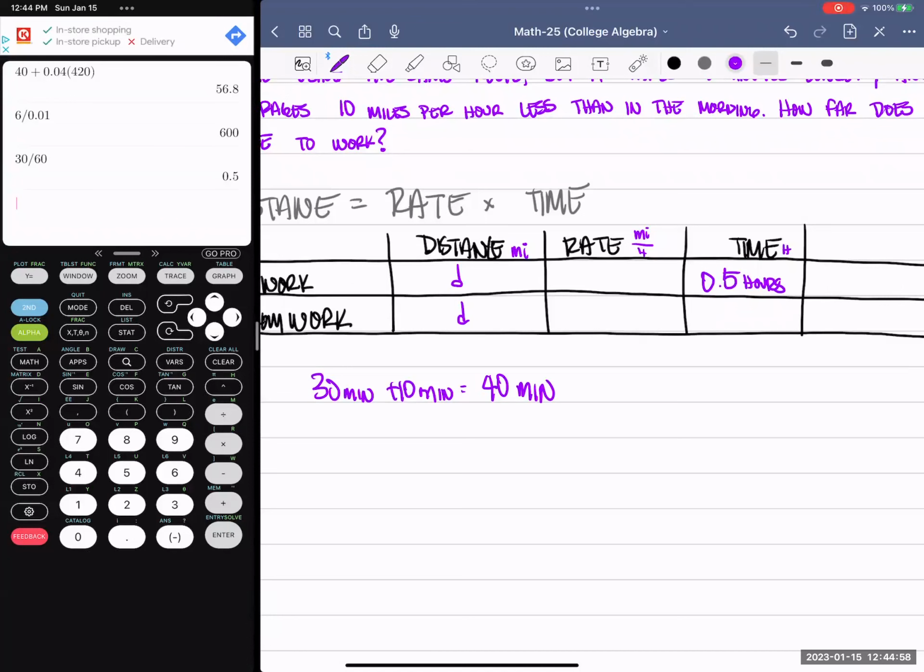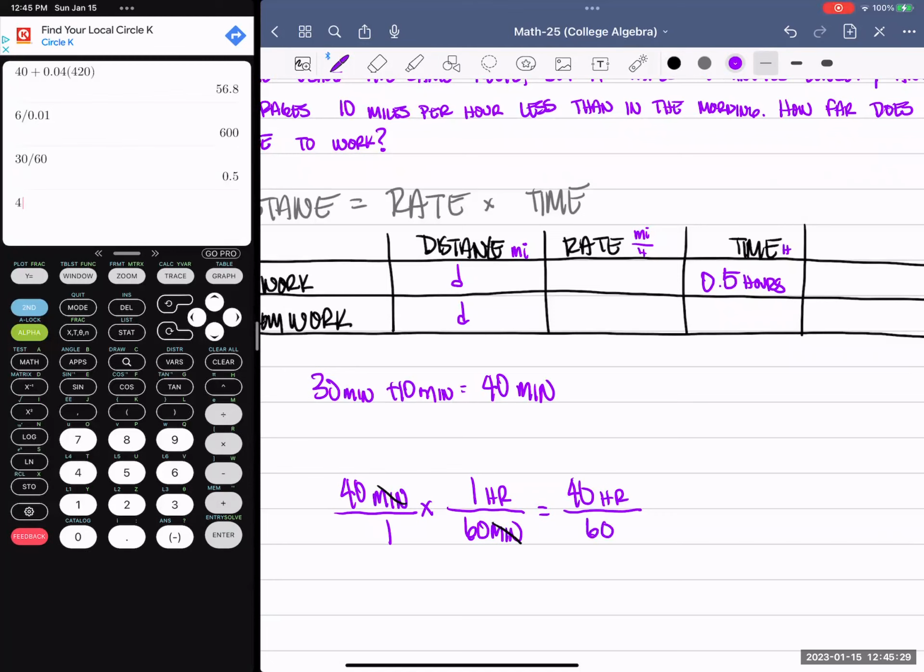And we could change this to hours doing the exact same thing. So we take 40 minutes and multiply by our conversion, 1 hour is equal to 60 minutes. Our minutes divide out, and we're left with 40 hours divided by 60.